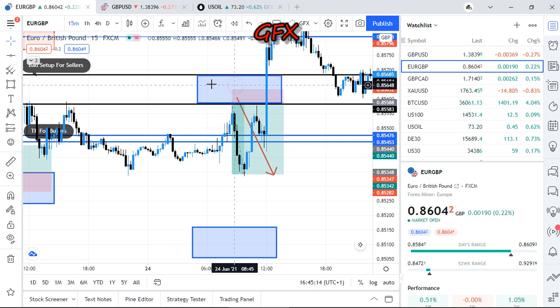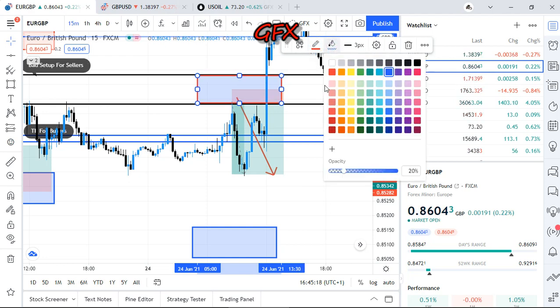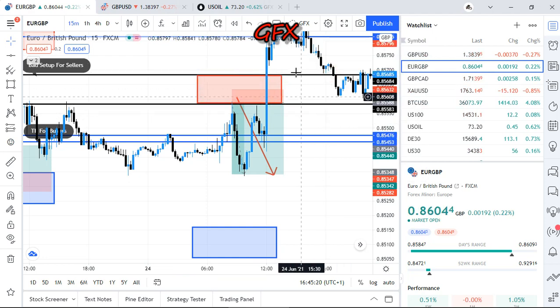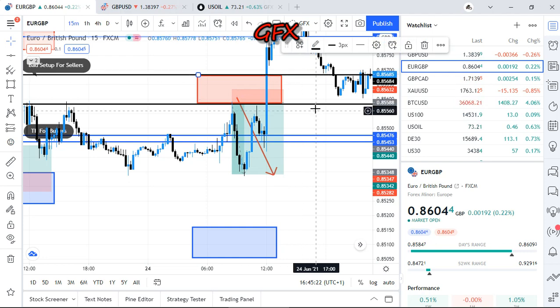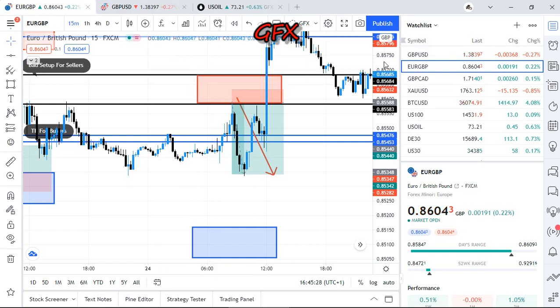So now you have drawn the supply zone. Hopefully you guys understand. I give the two lines of the supply zone on a particular pair, Euro GBP: 0.85684 for the first line, and the second line 0.85583.